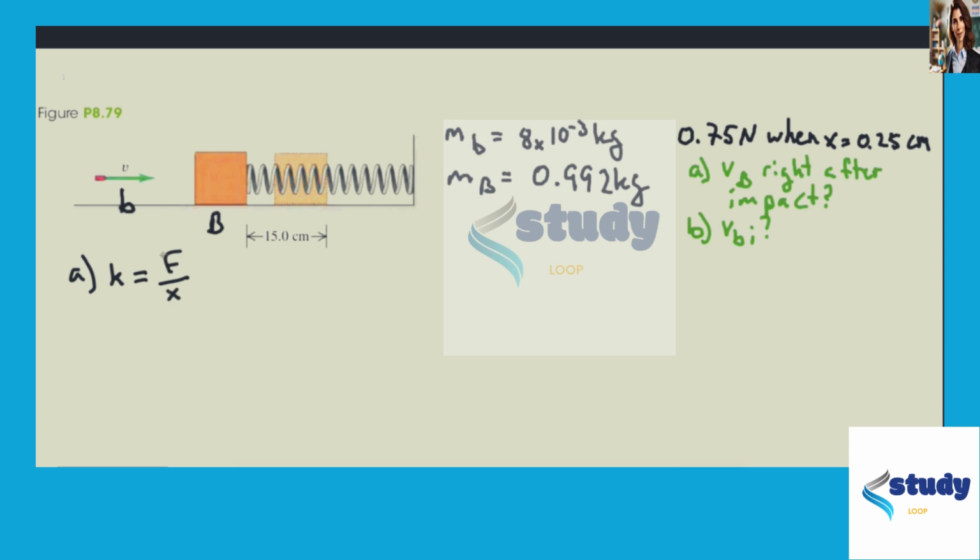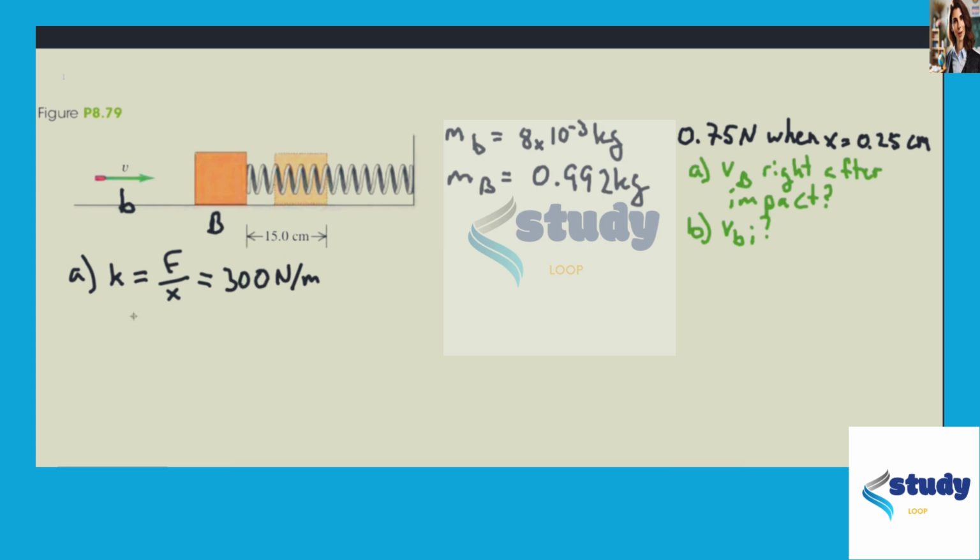We use our 3/4 of a Newton and our 1/4 of a centimeter. Remember to convert centimeters to meters, or you can convert newtons to centinewtons. Either way, you want to have the units right. And so this has a spring constant of 300 newtons per meter.